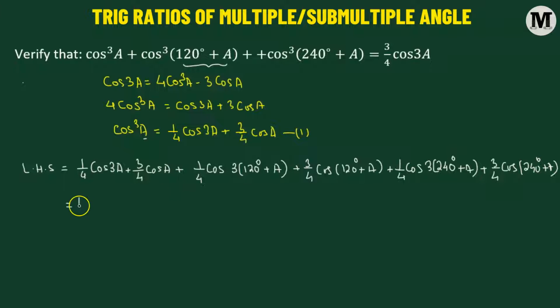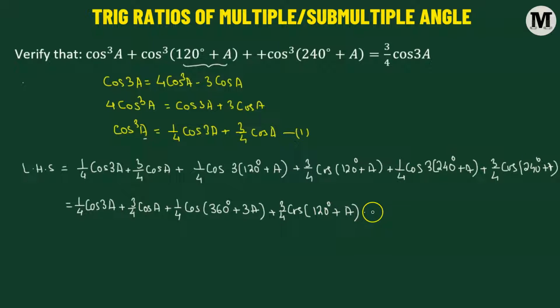This will be equal to, now we have 1/4 of cosine of angle 3a added to 3/4 of cosine of angle a, plus 1/4 of cosine of angle, now what we'll do, we'll multiply 3 with 120 degrees plus a. So 3 times 120 will be 360 degrees. So 360 degrees added to 3a, plus 3/4 of cosine of 120 degrees plus a.